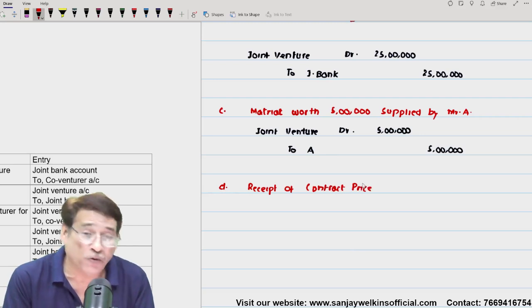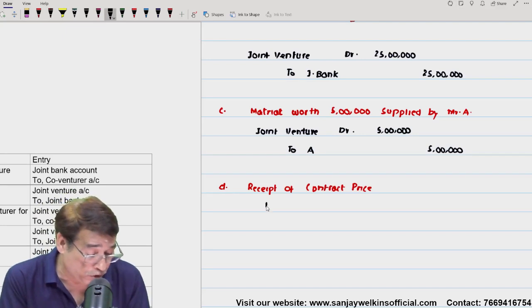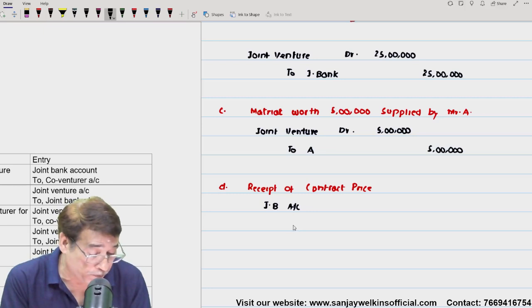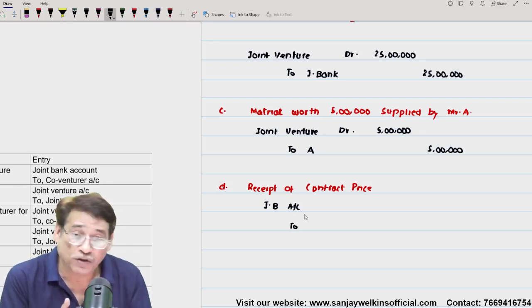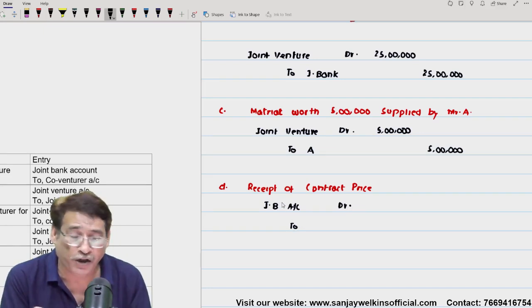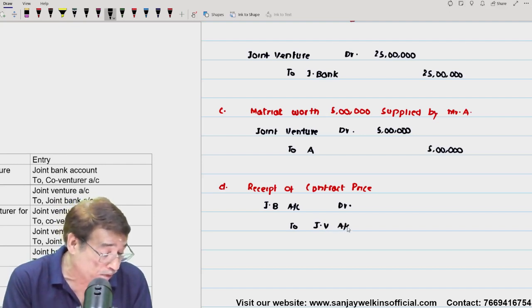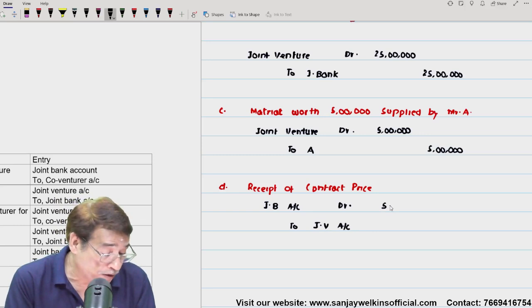When you receive the contract price, what will be your entry? Our entry will be joint bank account debit. Because we are receiving the cash now, but we are not going to write cash. We are going to write joint bank. And because it is a gain to us, joint venture account will be credited. And how much are we going to receive? We are going to receive the contract price of 50 lakhs. Is it clear to you or not?